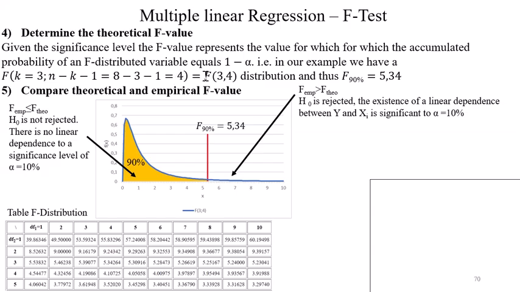So we have an F distribution depending on 2 parameters, with 3 and 4. And this F distribution is not symmetrical like the normal distribution, but in general it has such a shape.